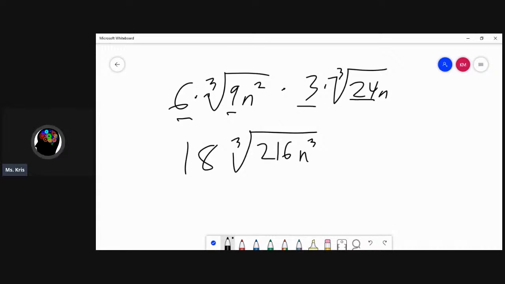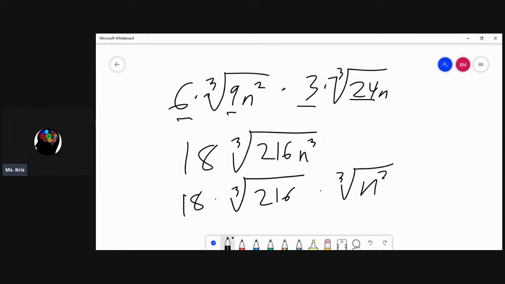So now I can break it down and simplify it by going 18 times cube root of 216 times the cube root of n to the third.